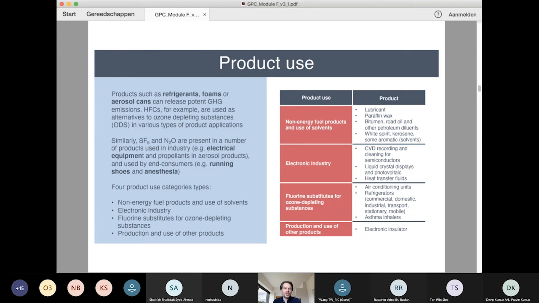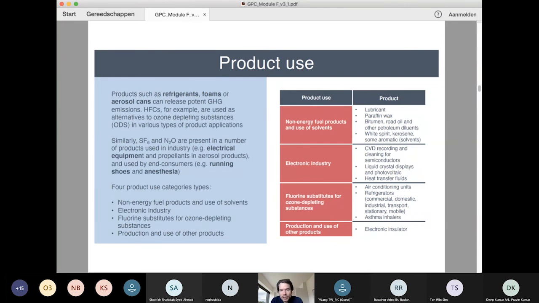Product use is where you use products that release greenhouse gases, not through any kind of combustion, but just through using the products. Products like refrigerants, foams, and aerosol cans can release very potent greenhouse gases like HCFCs.